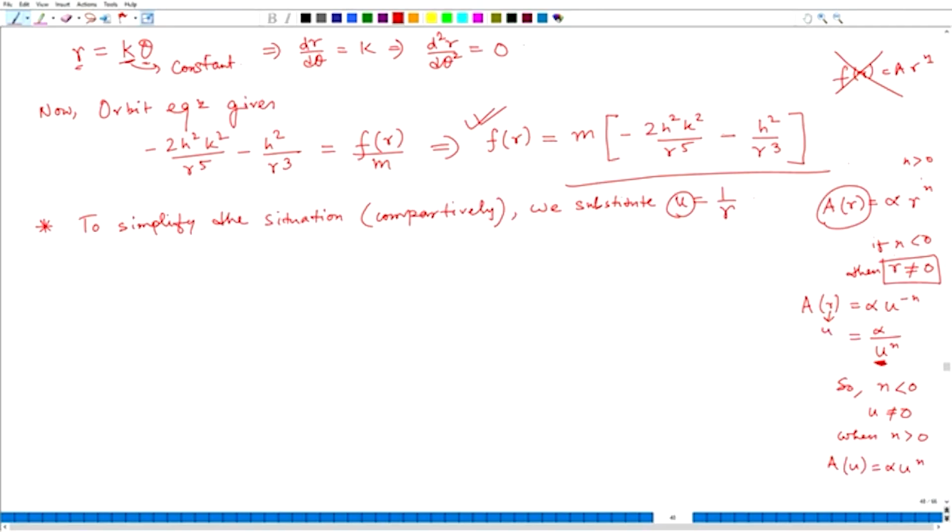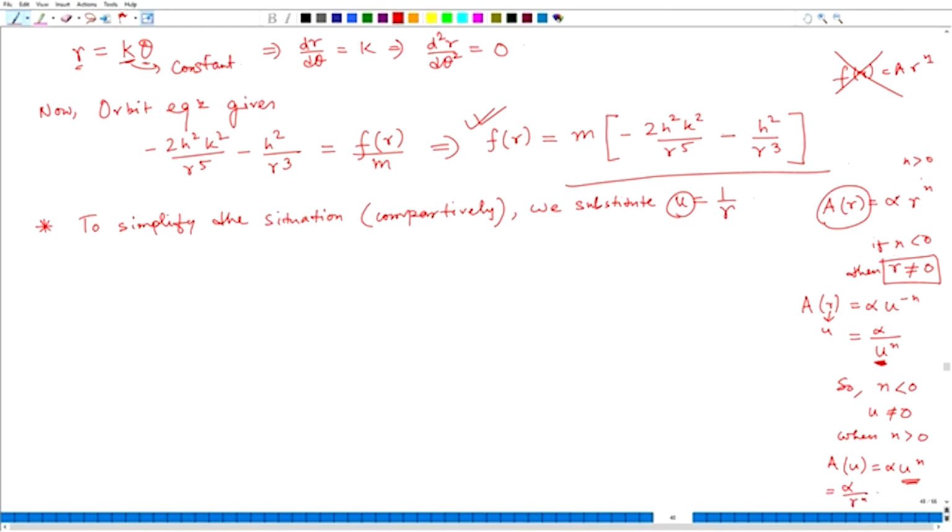Then you will see that this part is defined for all values, but you also have to understand this is meaningful when you write this is equal to alpha by r to the power n.